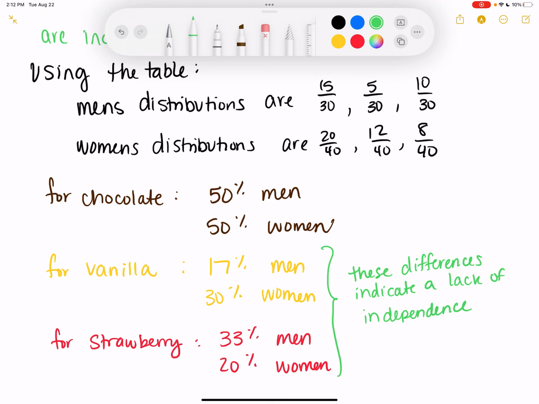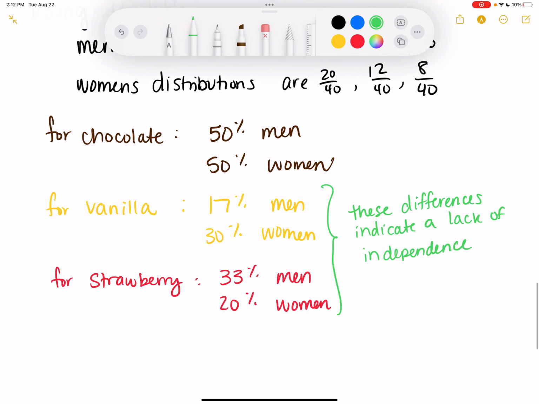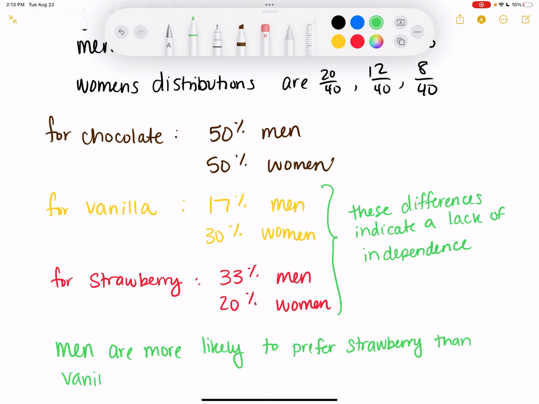But when it's that drastically different, we would say there's a lack of independence. What this tells us about vanilla and strawberry is that men are more likely to prefer strawberry than vanilla. Women are the reverse.